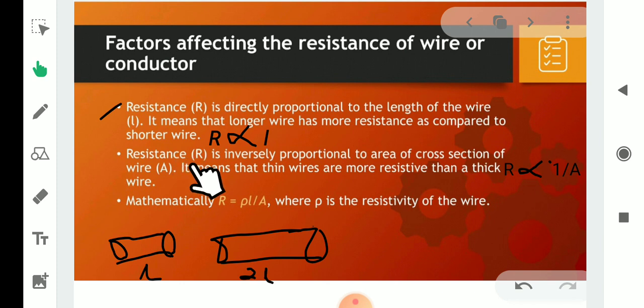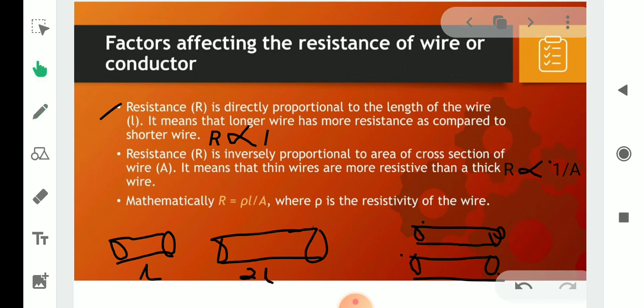Next, second, it depends on the area of cross section. If you consider two wires of the same length, here the thickness is different.